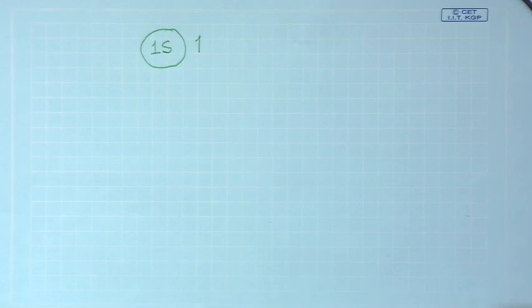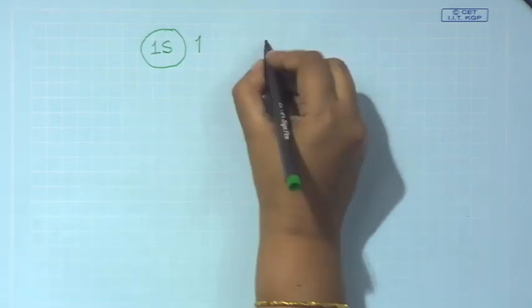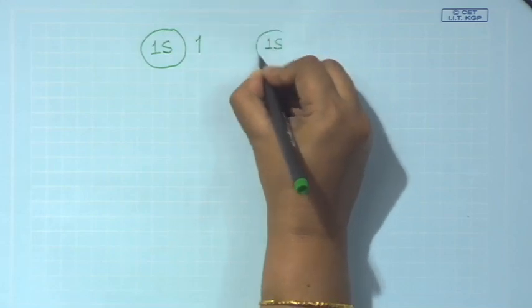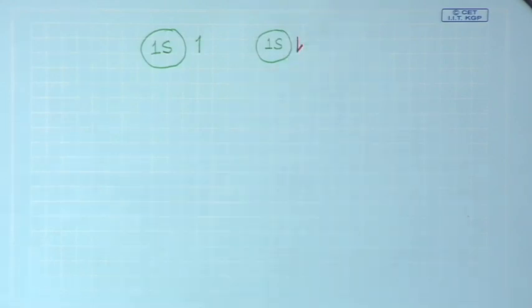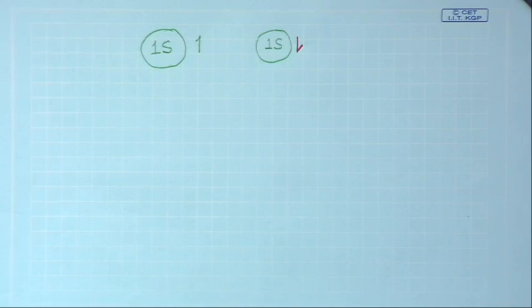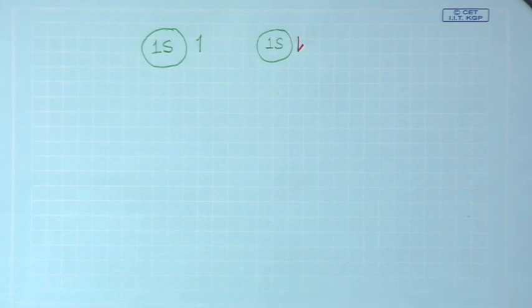So, this is one possibility. The other possibility is the same orbital part, but the spin part is different, that is it has a so called down spin. Now, in the absence of a field, these are two possible single particle states.